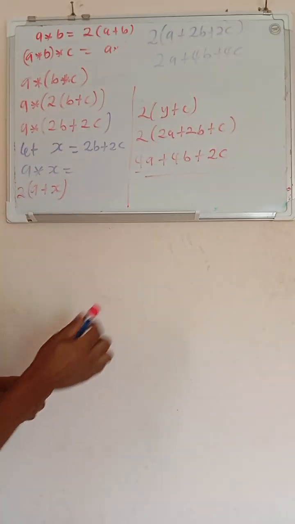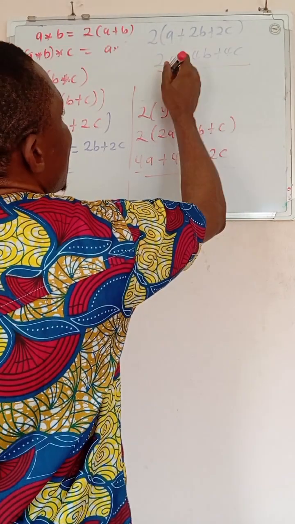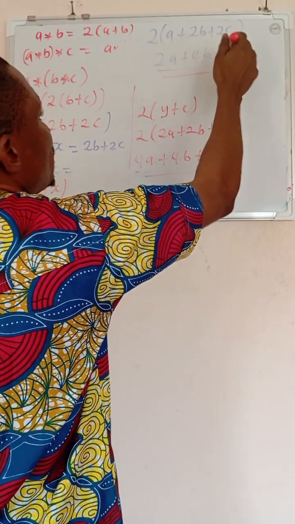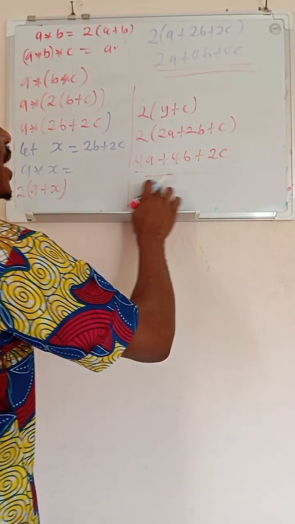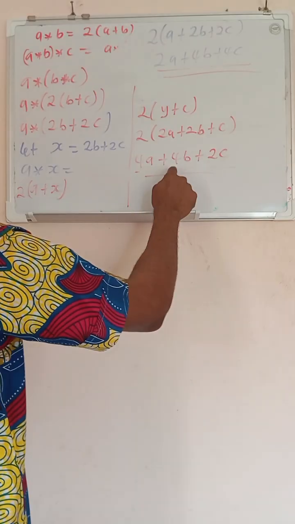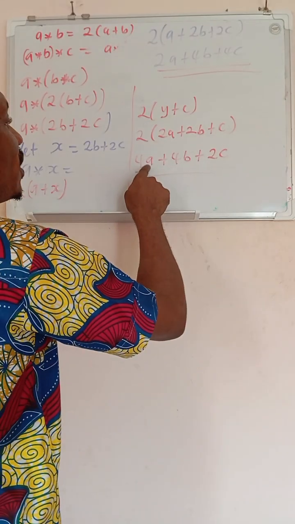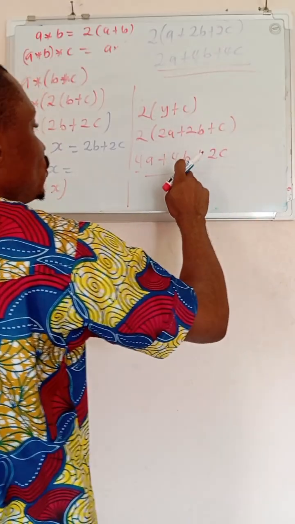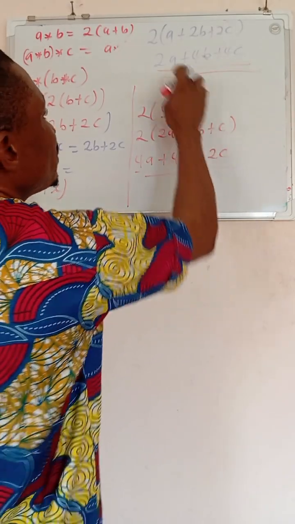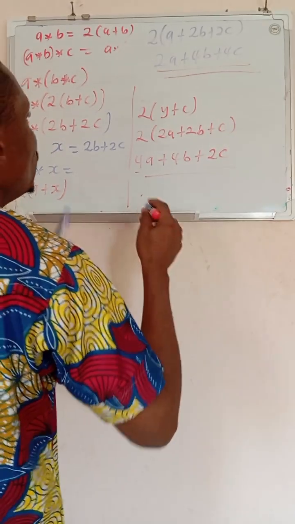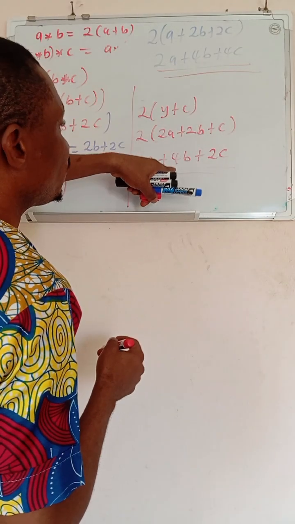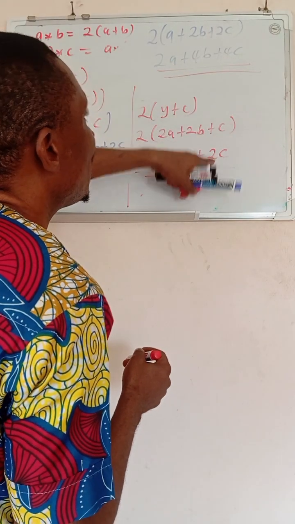So you can see that what we have at the end of the right hand side is 2A plus 4B plus 4C. But what we have at our left hand side is 4A plus 4B plus 2C. Since this is not equal to this, look: here is 2A, here is 4A, here is 4B, here is 4B, here is 2C, here is 4C.